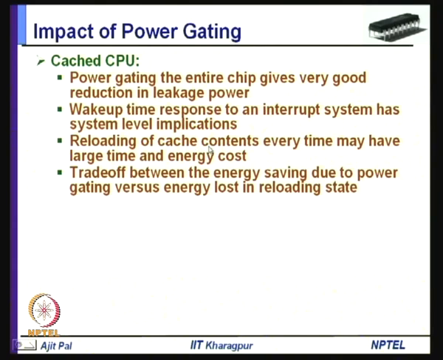Reloading of cache contents every time may have large time and energy cost. That means, whenever you have a cached CPU, as you go from active mode to low power mode, that is, you power gate the CPU, the information will be lost, and then on wake up, if you do not transfer it, there will be cache misses, and those cache misses will lead to large overhead.